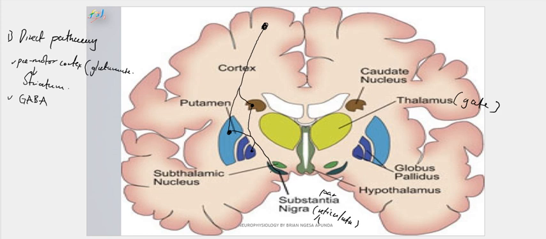So when you send an inhibitory signal to the substantia nigra and globus pallidus internus, that will mean that this nucleus will be reduced.